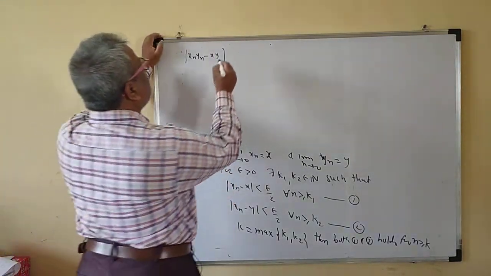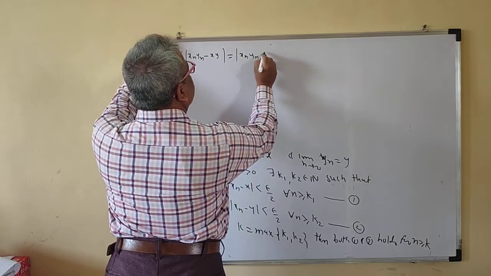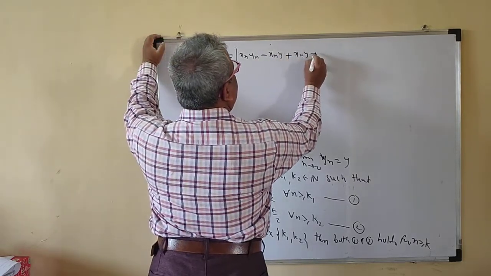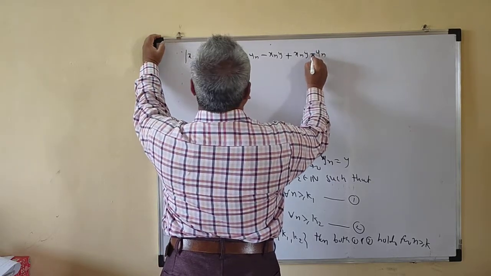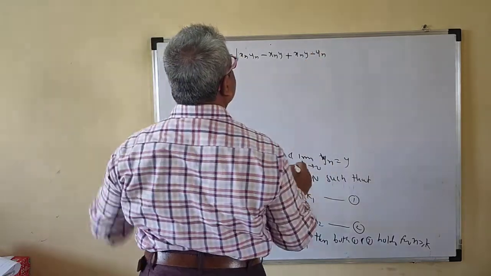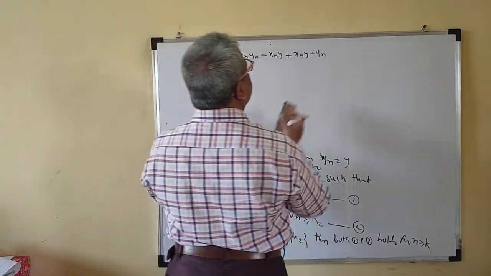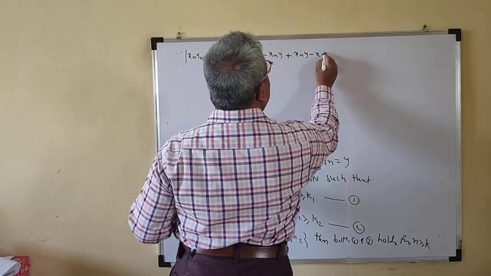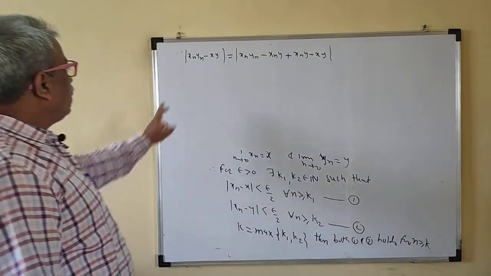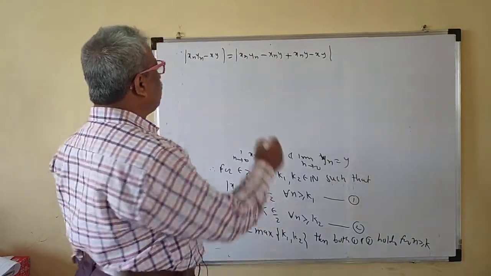So I can write this as mod of xn yn plus xn y minus xn y minus xy. Now check whether this holds. The xn y terms get cancelled, so this is what we had: xn yn minus xy. Okay, so no problem for this one.